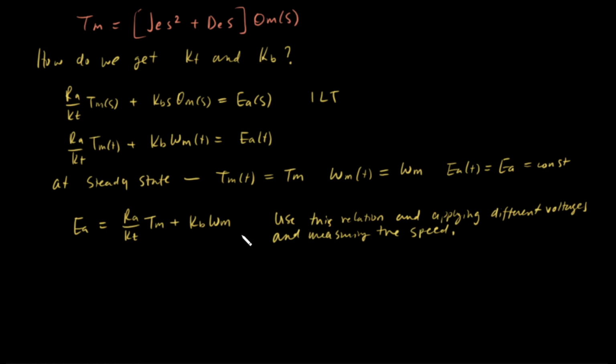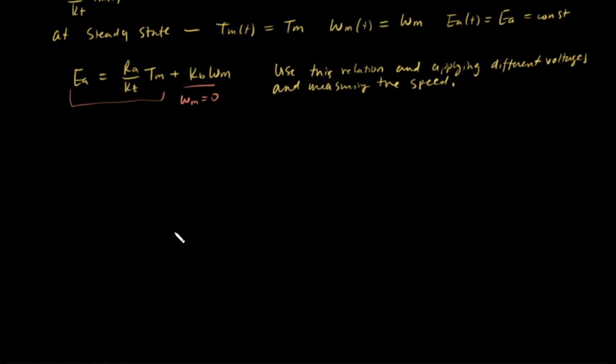So when the speed is 0, that is, when omega m is equal to 0, that allows us to get an expression for KT with an applied torque. And that's what we call our stall torque.